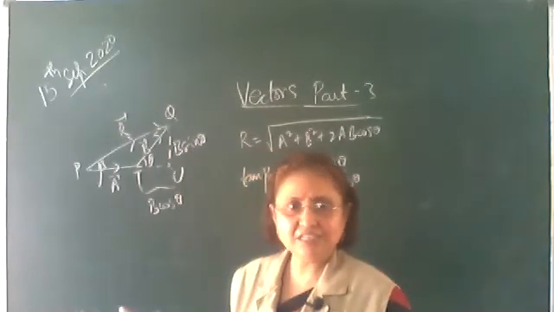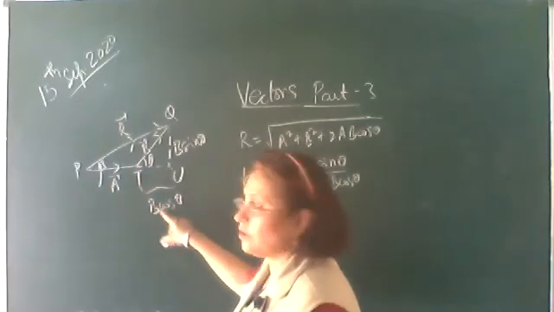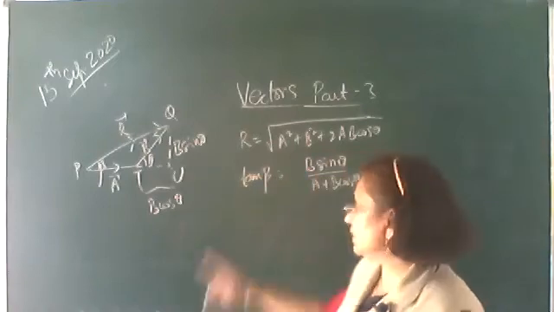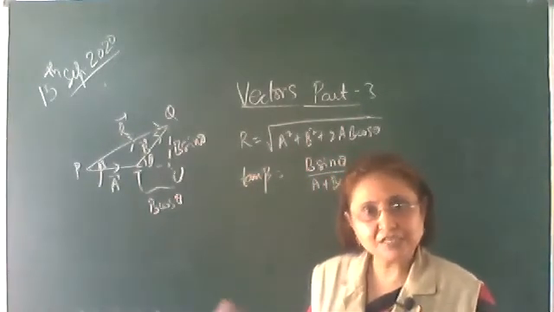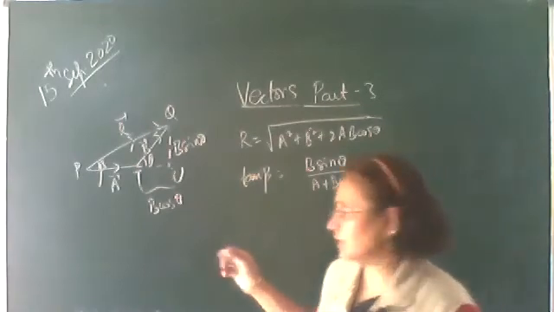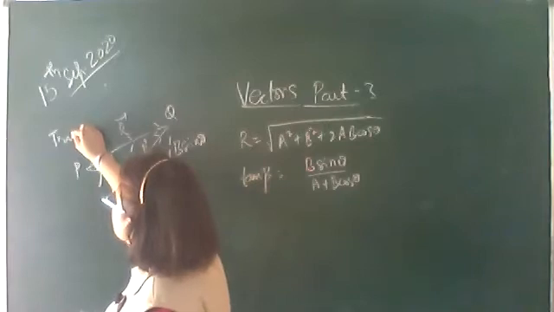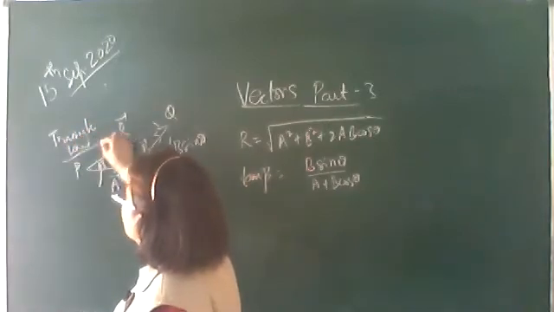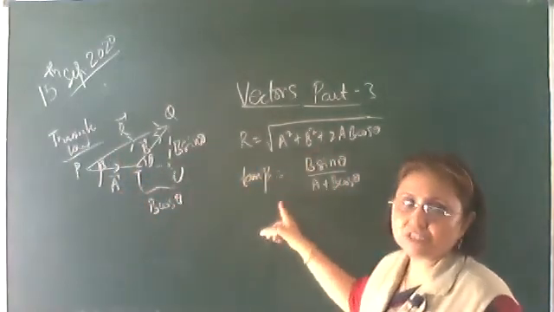Exactly in the same manner, R square equals A plus B cos theta whole square plus B sin theta whole square. What will you get? R is equal to under root A square plus B square plus 2AB cos theta. Yesterday we did using parallelogram law. This is using triangle law of vector addition. By triangle law also you will get the same magnitude, same direction.